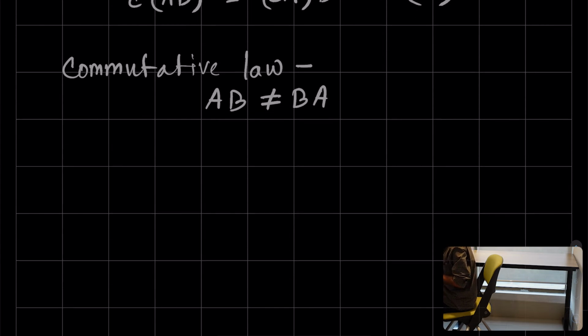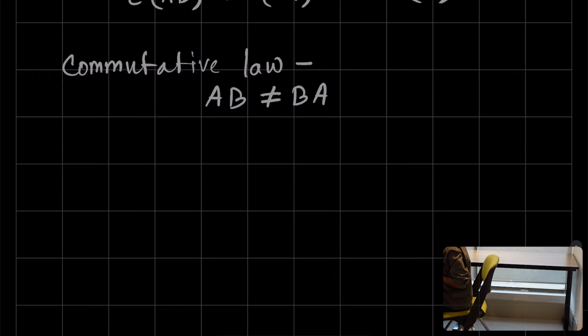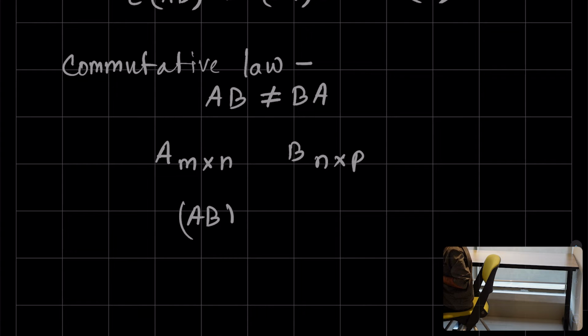A simple example of this can be seen from intuition. Let's say A is a matrix of M cross N, and B is another matrix of N cross P. Then if I multiply these two matrices AB, the size will be M cross P.